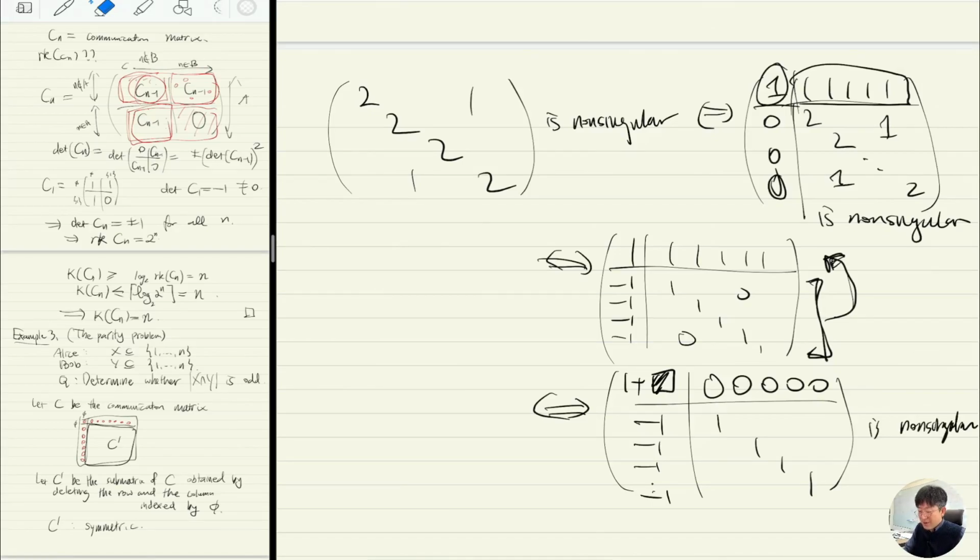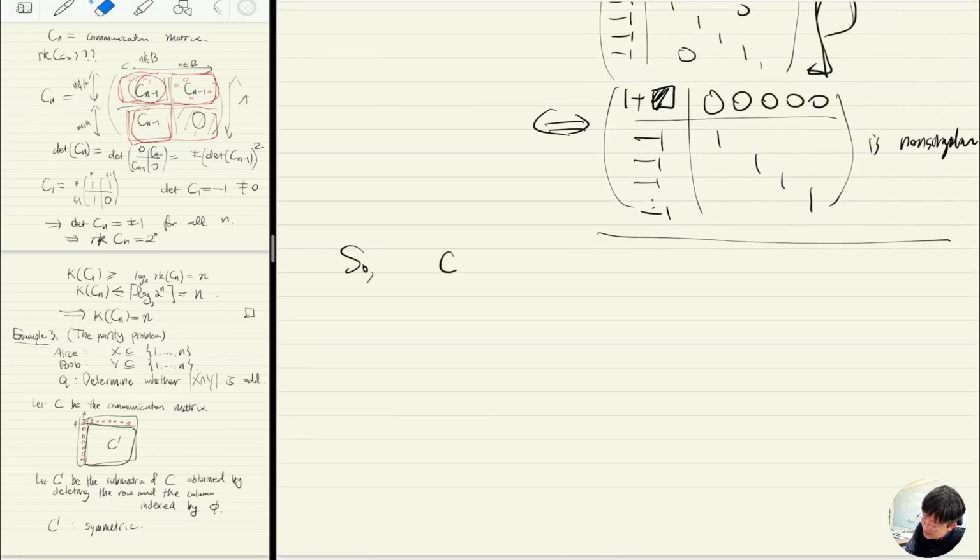So the problem of saying this is non-singular is equivalent to the problem of saying this is non-singular. But this one is non-singular because it's a lower triangular matrix with non-zero diagonal entries, so the determinant is the product of the diagonal entries. So we know the determinant. So C prime squared is non-singular.